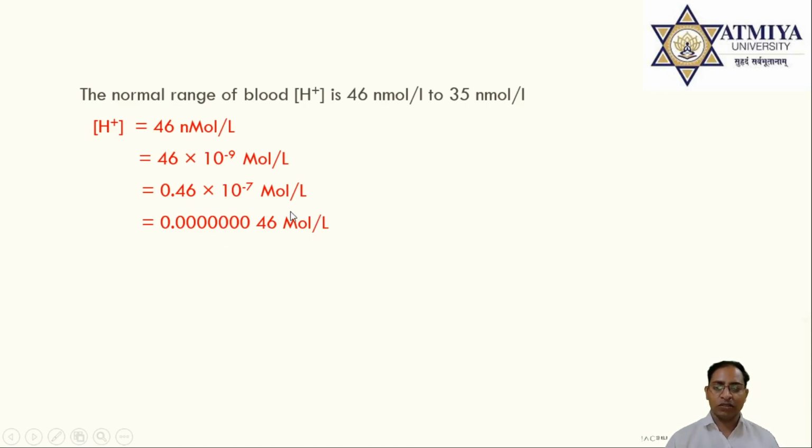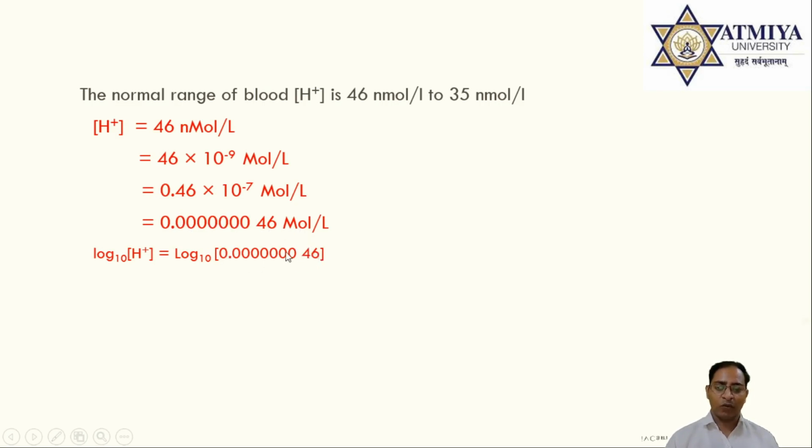Do you think this is a convenient way to deal with such a small number? To deal with this problem, Sorensen took the log value of this number, 0.46 times 10 to the power minus 7.